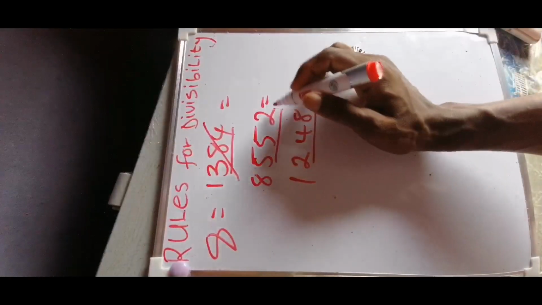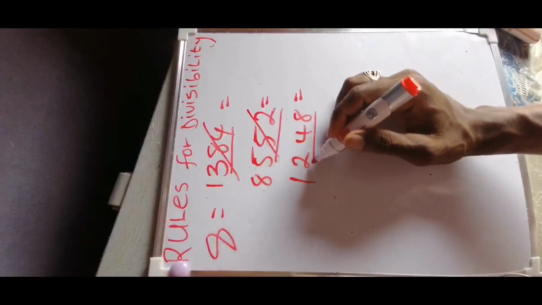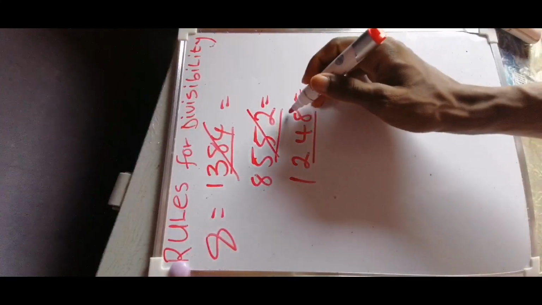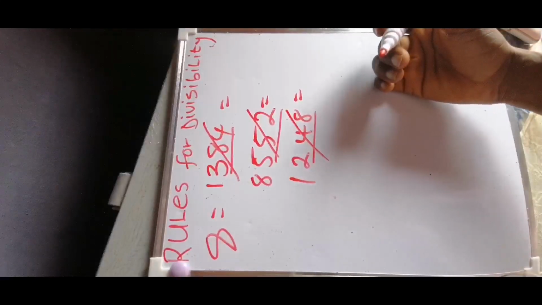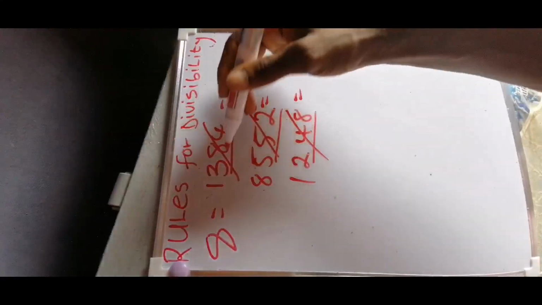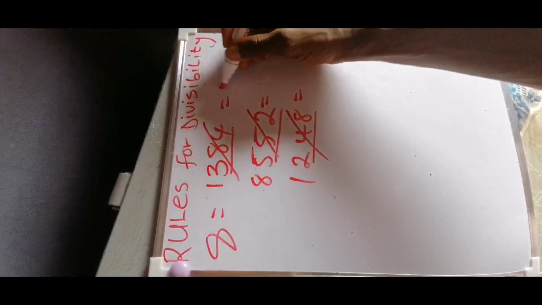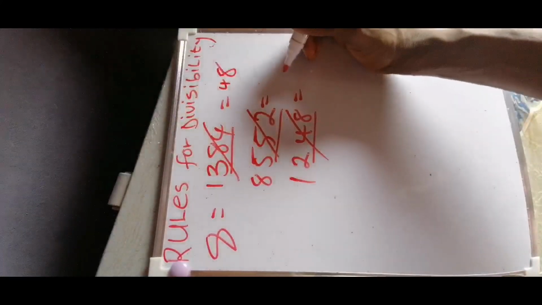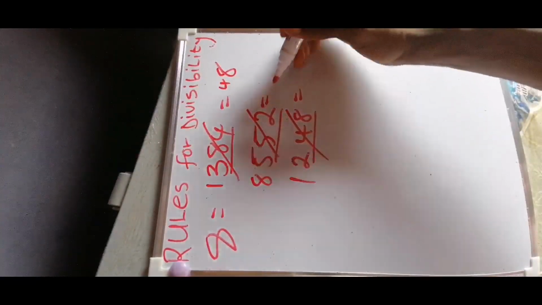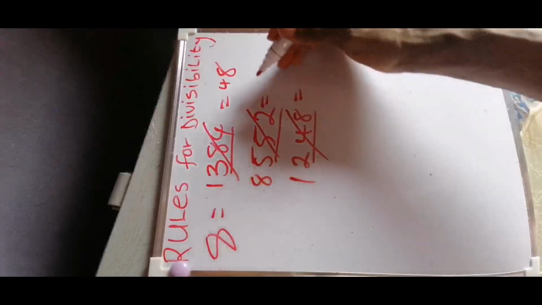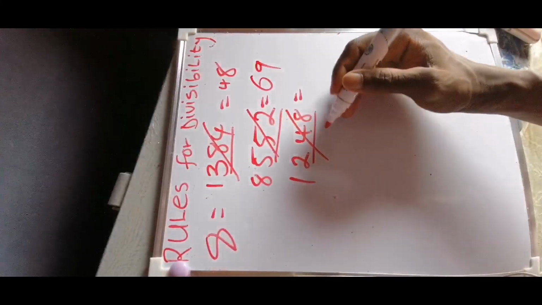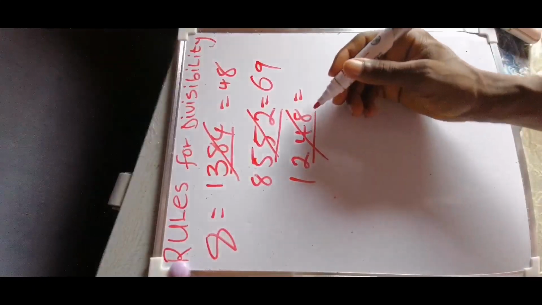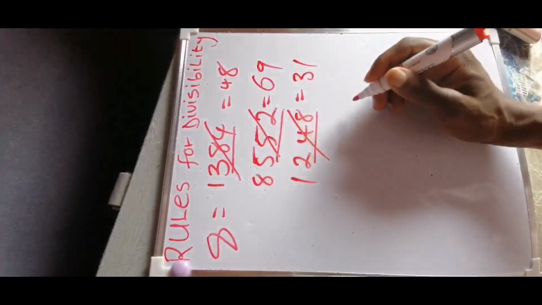Again, 552 can be divided by 8. 248 can be divided by 8. So 8 into 384 equals 48. Again, 8 into 552 is 69. Again, 8 into 248 is 31.